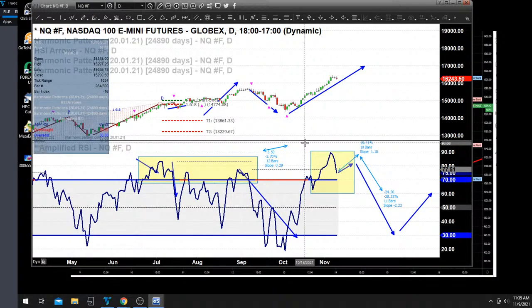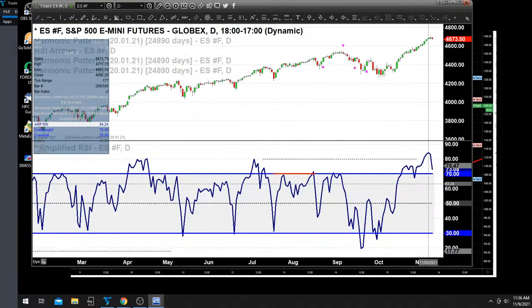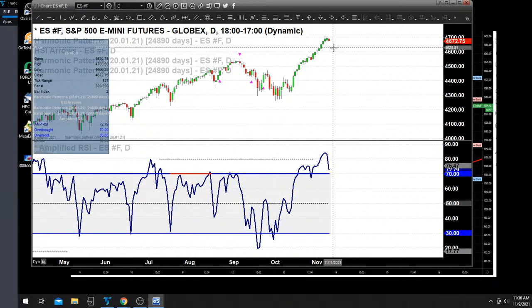So that's really that and S&P 500, both setting up. Here's S&P really quick. S&P's been stronger than Nasdaq's for the last 2 months. Now we're starting to roll over with today, yesterday, today.